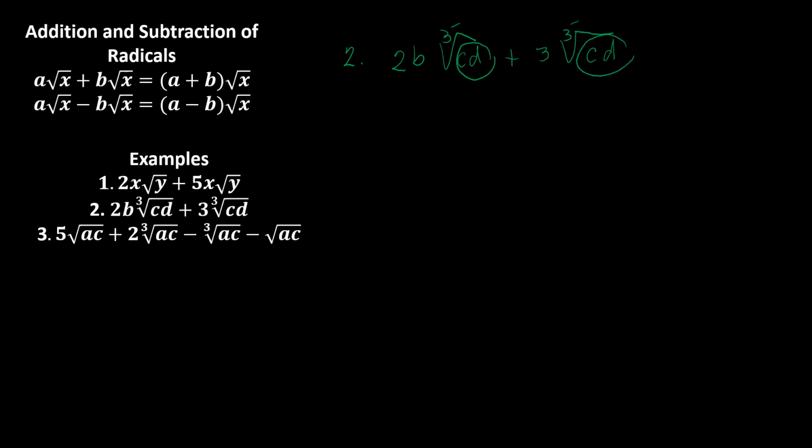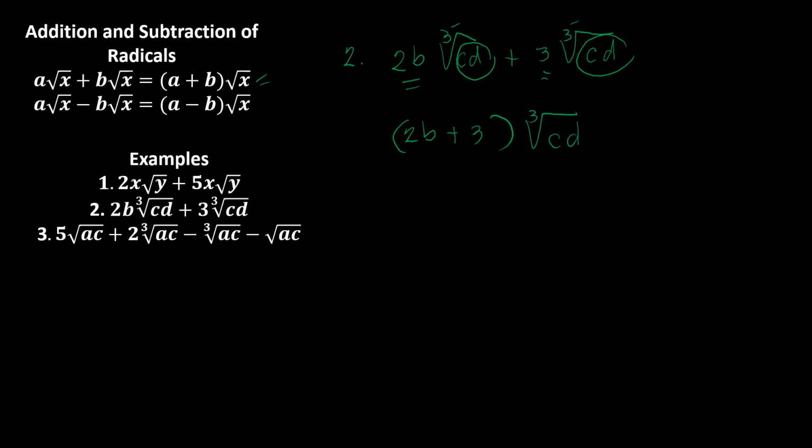Yan. So, like radicals sila. So, ang gagawin lang natin is apply natin yung ating formula. We'll just be adding the coefficients 2b and then 3. Tapos, kokopyahin lang natin yung common radical na cube root of cd.